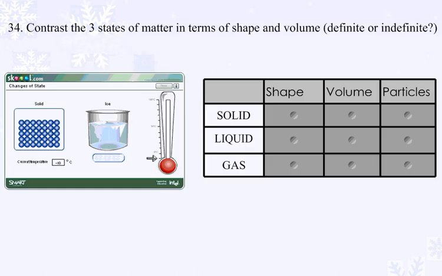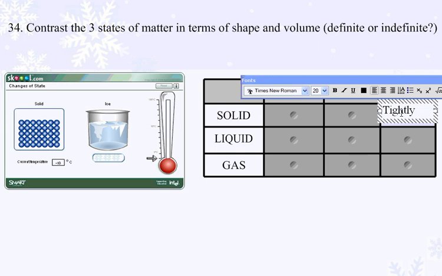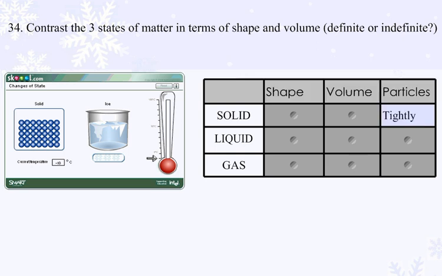Today I'll be starting on number 34, which says to contrast the three states of matter in terms of shape and volume, if they're definite or indefinite. Right now, my simulation shows water at negative 10 degrees Celsius, which is its solid state. In its solid state, as you can see, the particles are very tightly compacted.